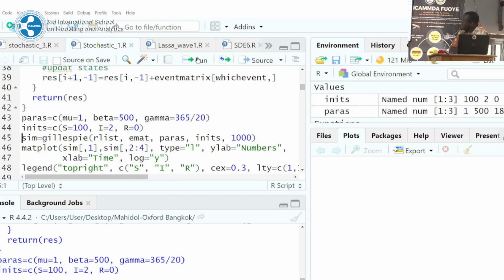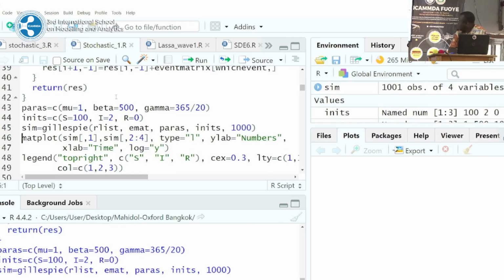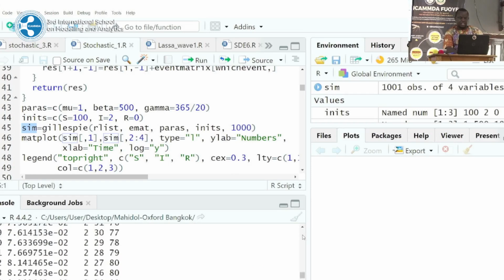Then the simulation. So I simulate. I want to see what is inside that. I run the sim. Inside the sim, I have all of this.